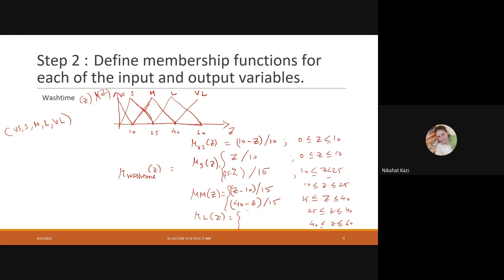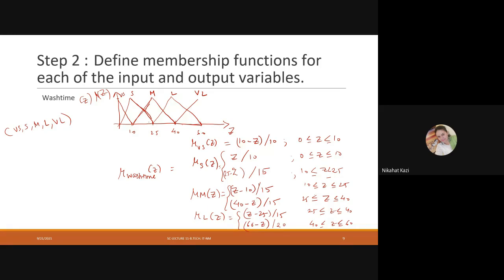So it is z minus 25 divided by 15. And the second line is a decreasing line. So it will be 60 minus z divided by 20, right?